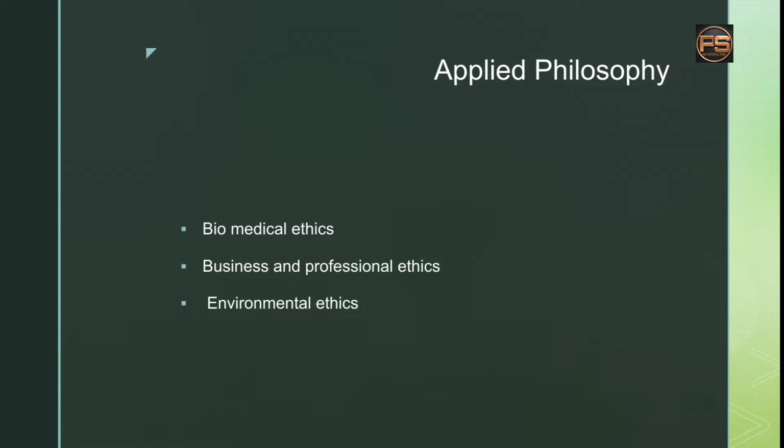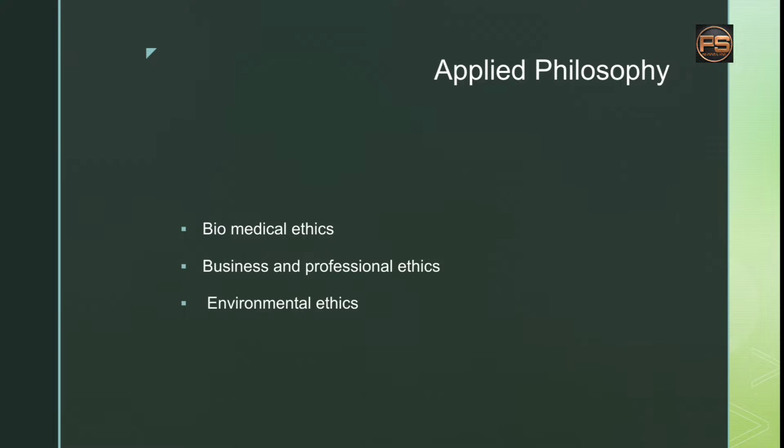Applied ethics is a general field of study that includes all systematic efforts to understand and to resolve moral problems that arise in some domain of practical life, as with medicine, journalism, or business. There are three major subdivisions of applied ethics: biomedical ethics, business and professional ethics, and environmental ethics.